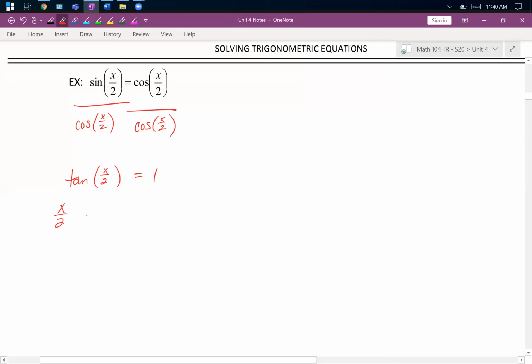So x over 2 is going to be equal to tan inverse of 1, because of the argument, we only go 1/2 trip around the circle.